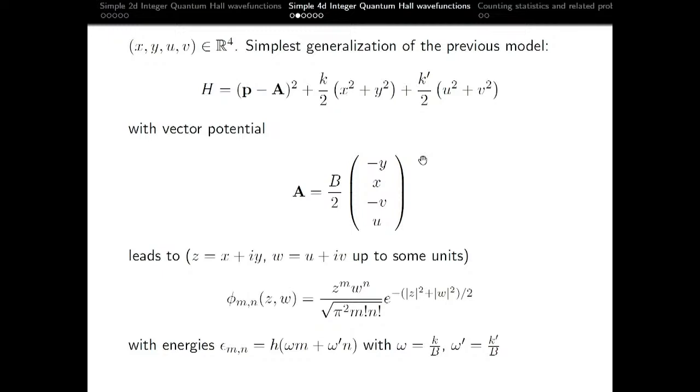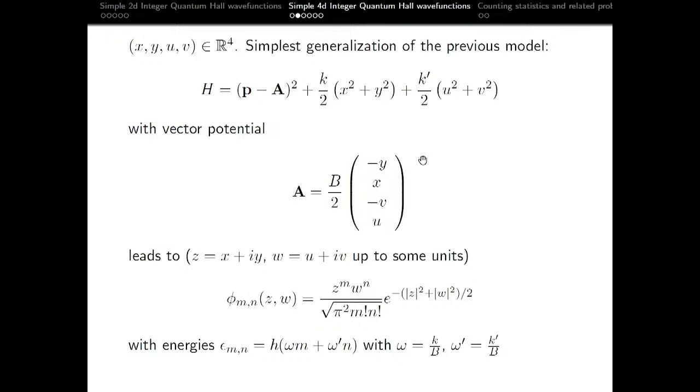If you apply the same logic, there will again be Landau levels in this simple model I wrote, and you will get single particle wave functions, and they look awfully close to the ones I wrote. This is the main motivation for considering such a simple model, because the potential we put is very, very symmetric. It's already harmonic. But actually the new thing is that in H there is a parameter k for x squared plus y squared, and a parameter k prime for u squared plus v squared.